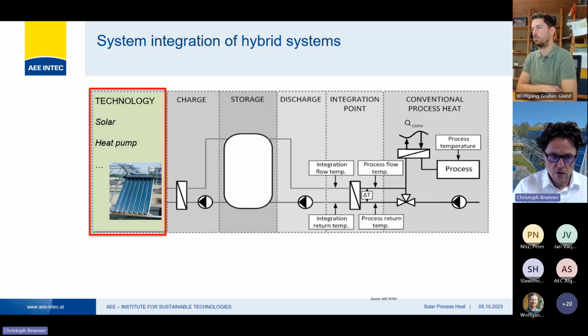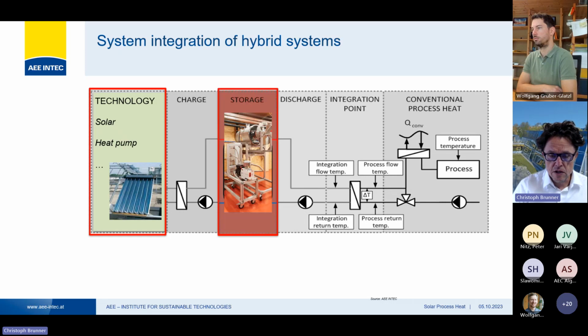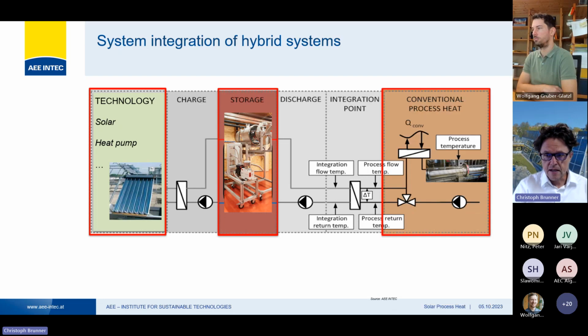So on the one hand, solar thermal systems, then the storage is crucial in order to overcome this mismatch between volatile solar sources and, on the other hand, the load profile. And then the conventional heat supply in combination with the processes and to optimize the demand of the industrial processes.